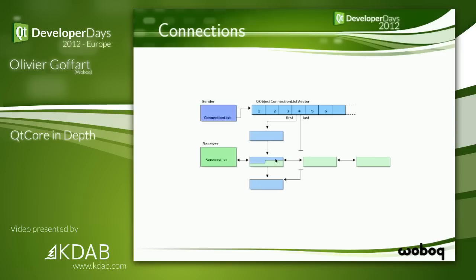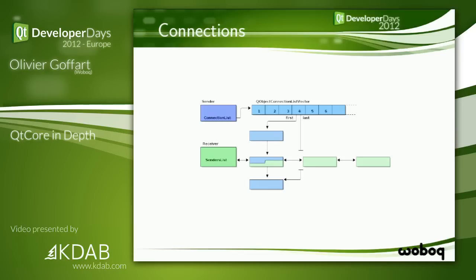The fact that it's a linked list allows us to destroy the object fast, because it used to be vectors. The receiver had a vector of all the connections, but it turned out to be really slow when you had a lot of objects connected to each other.